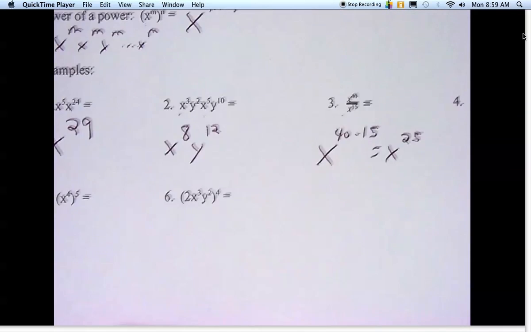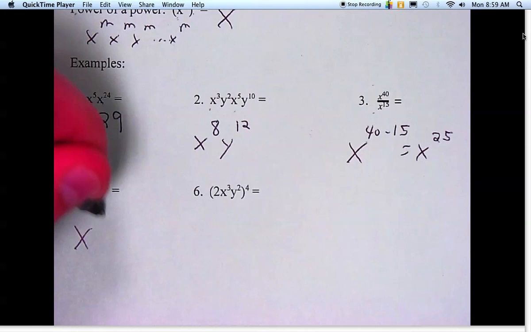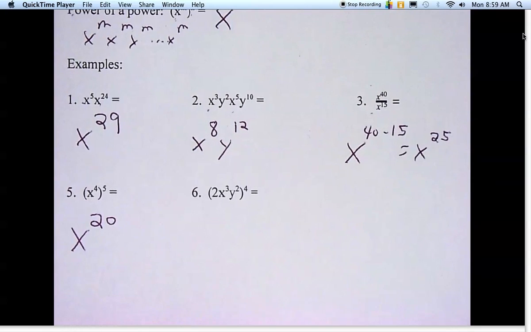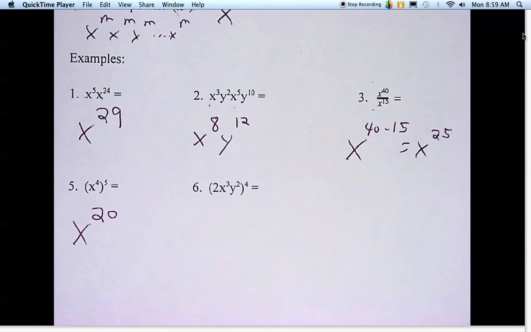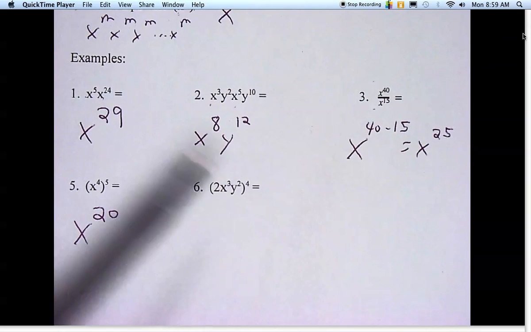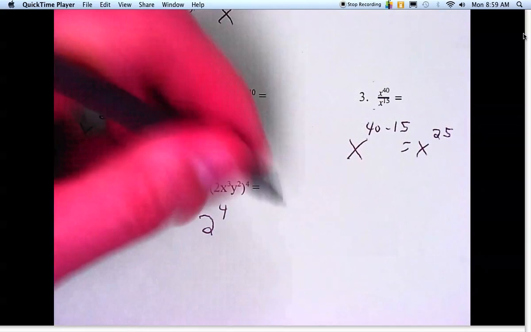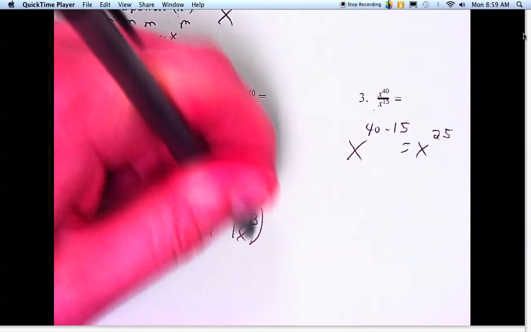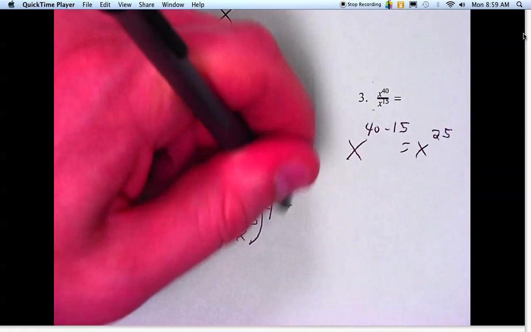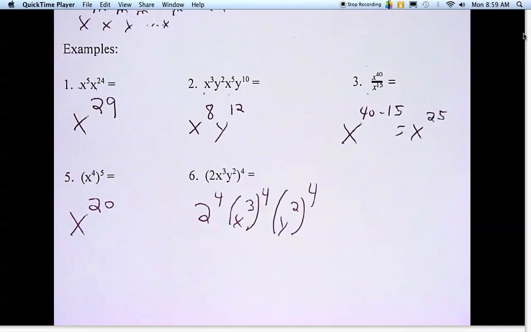Last couple, x to the 4th to the 5th. That's property 3, power of a power, and all we do there is multiply. So we get x to the 20th. This last one is a little tricky. That 4th power goes to all the things, and so I'm going to have 2 to the 4th, sort of like the distributive property, x to the 3rd to the 4th, and y to the 2nd to the 4th. Right? So that's sort of the first step.